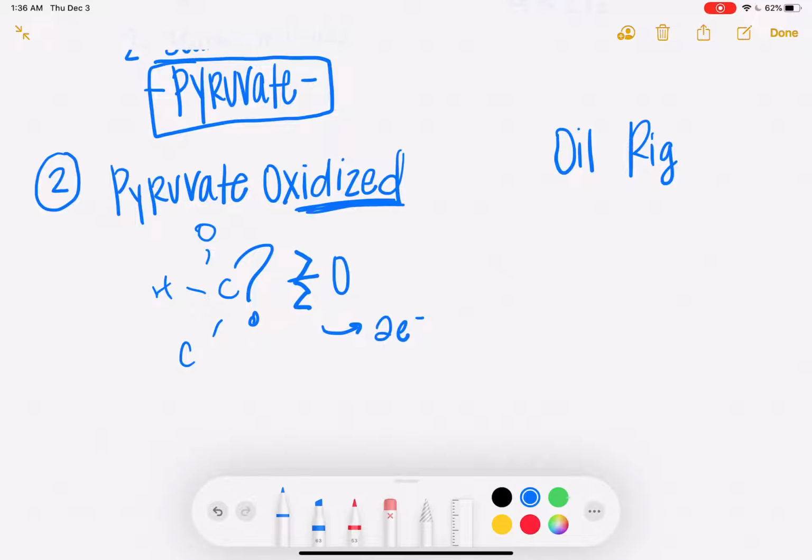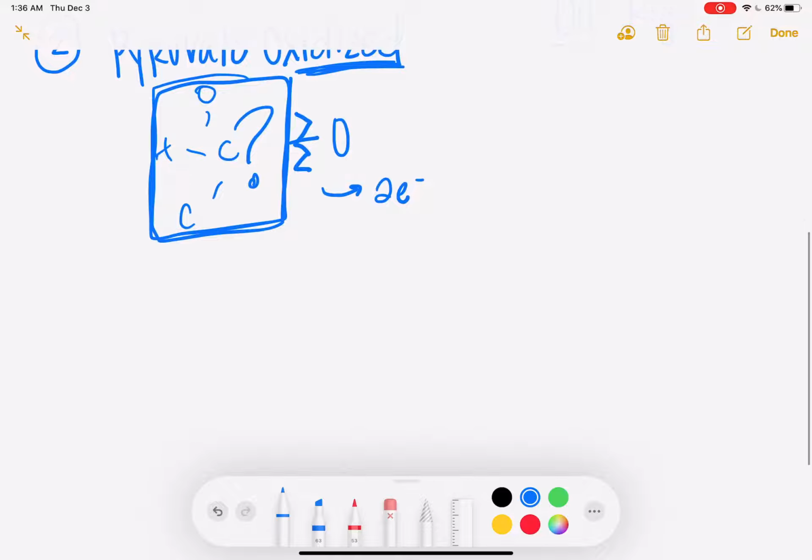And so this remaining molecule that doesn't have the oxygen on it is called acetyl-CoA. And that stands for coenzyme A. We talked about coenzymes a little bit briefly. Acetyl-CoA. All right? So pyruvate is the whole thing here.